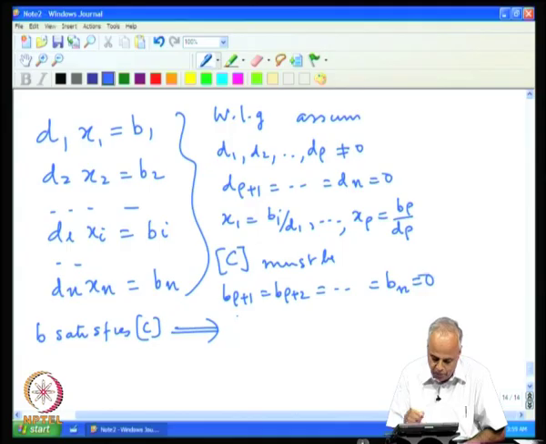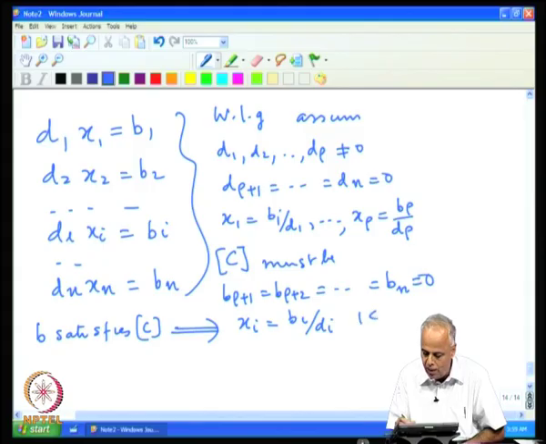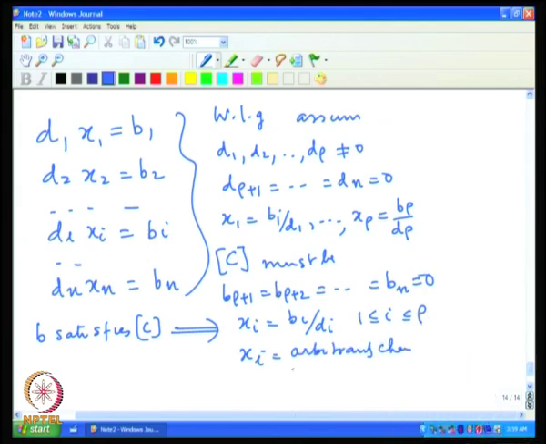So, what we get is xi's are given as bi by di for 1 less than or equal to i less than or equal to rho, and xi can be arbitrarily chosen for rho plus 1 less than or equal to i less than or equal to n.